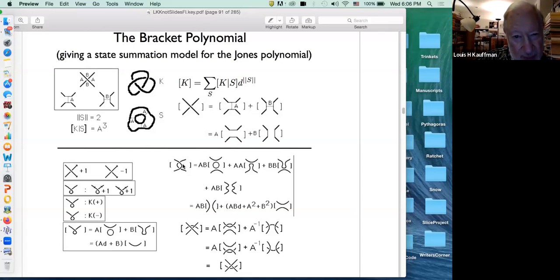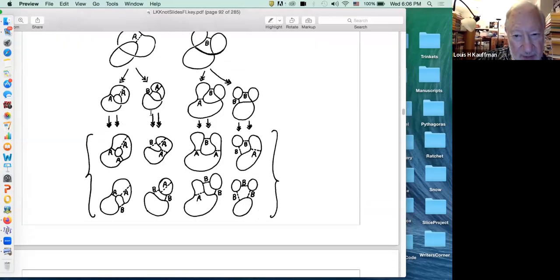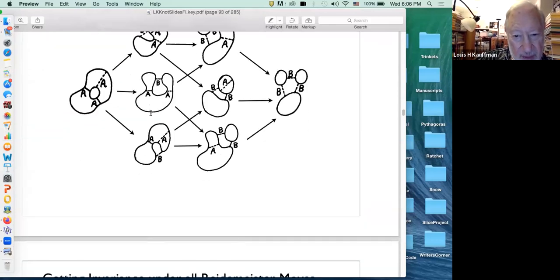So that's what we're reading when we looked at those states. So in this case, the number of loops is 2, and the contribution from the knot is A cubed, and we get A cubed times D squared for the contribution from this state.